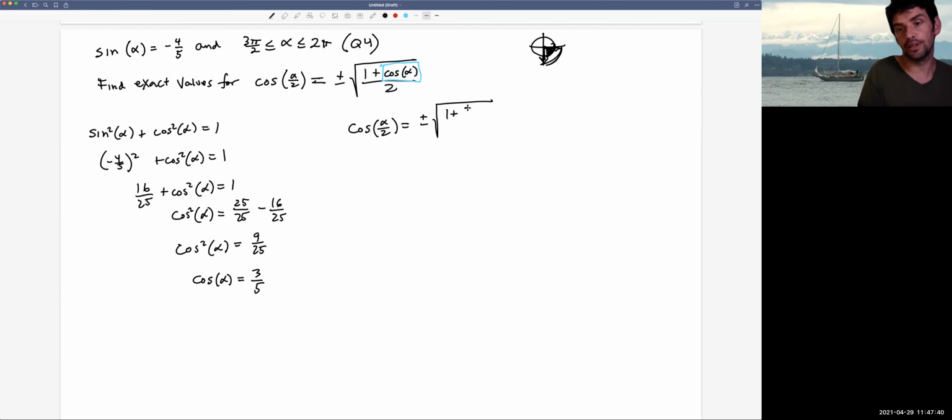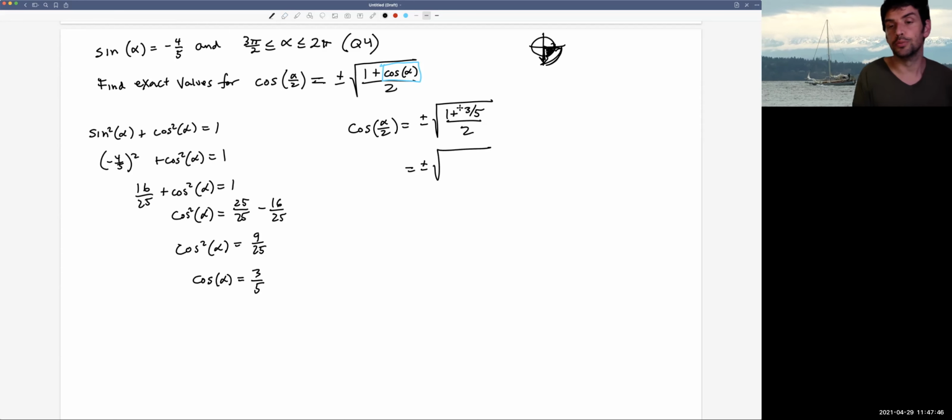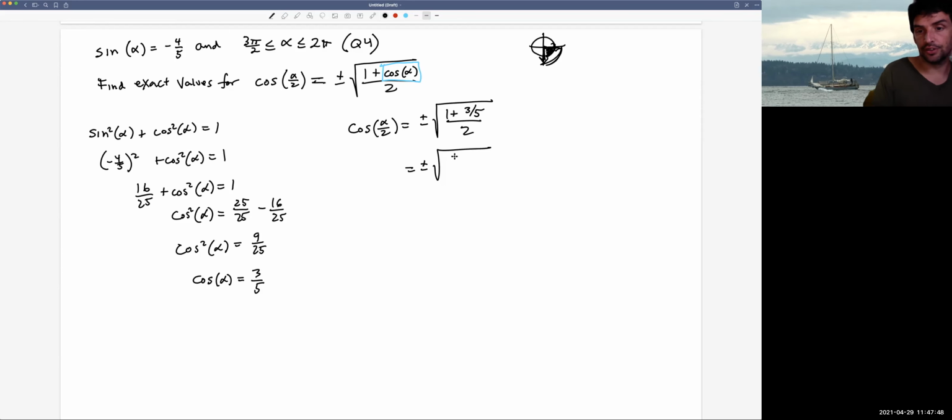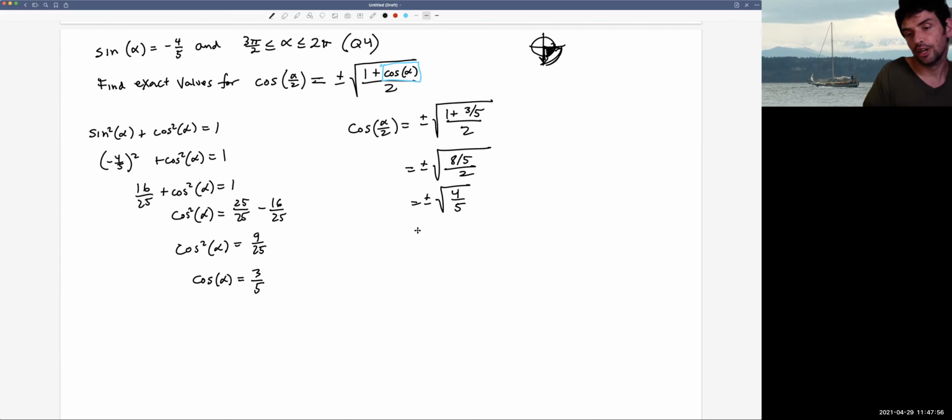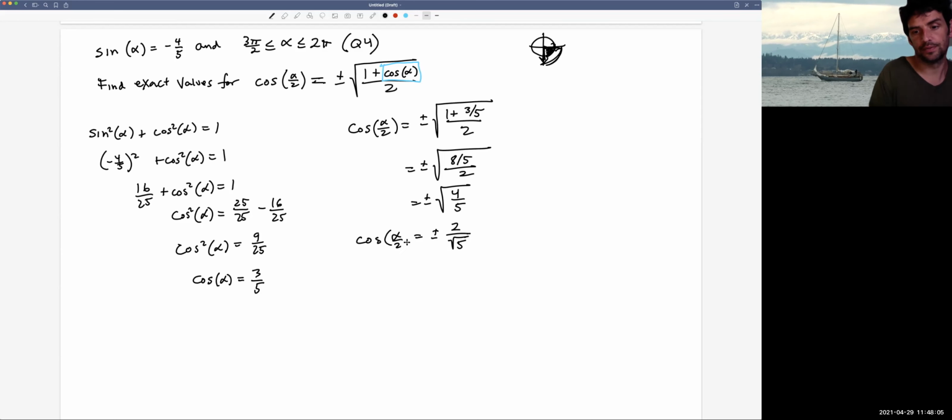I've got 1 plus 3/5 over 2, which is going to be, what do we get? 8/5 in the numerator, divided by 2. And this works out to be 4/5. And maybe we want to write this as plus or minus 2 over root 5. That seems like a reasonable way to write it.